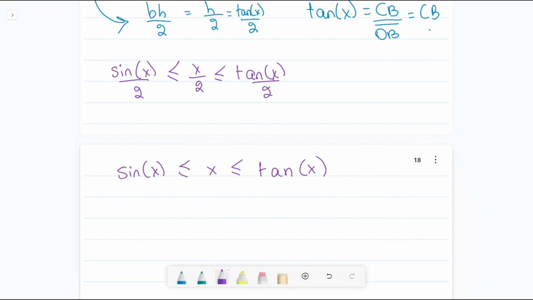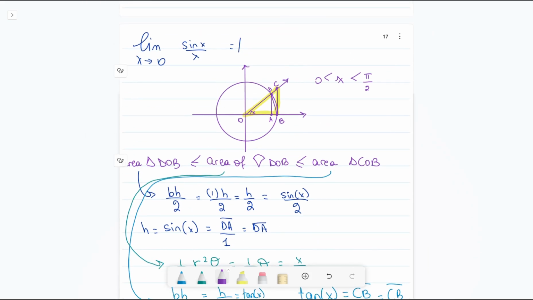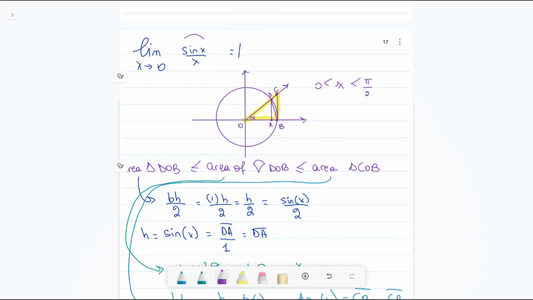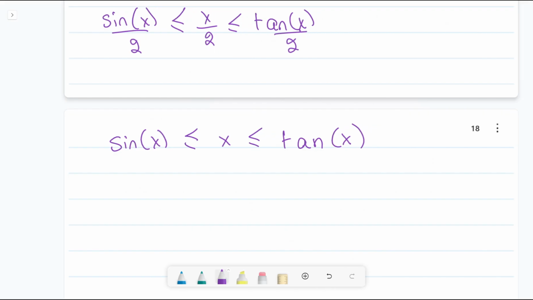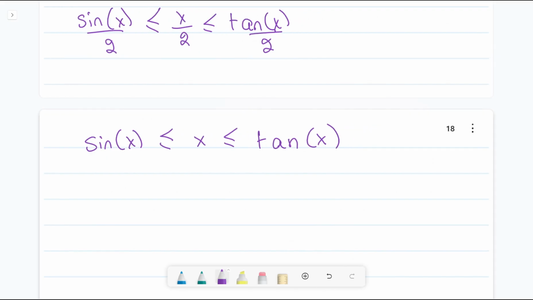And now we want this to look more like the function up here. So one thing we can do is divide everything by sine of x on all sides.